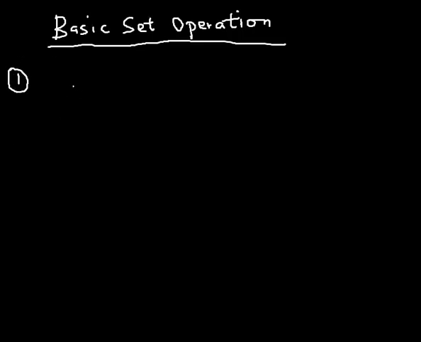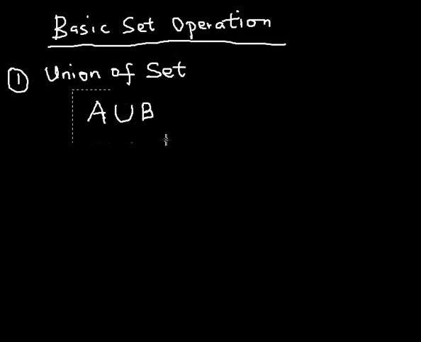I'll use two sets. Okay, the union of sets. So I'm looking at the union of two sets, and of course the symbol used to express the union operation of two sets is ∪. Let's have a look at two sets, A union B. Now what is the union of two sets?